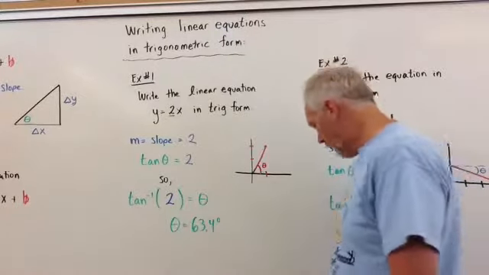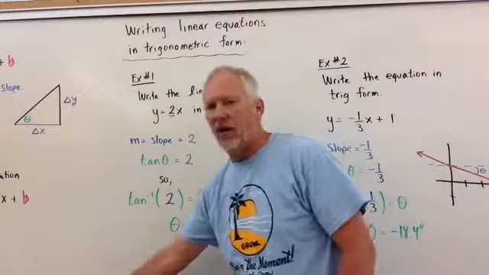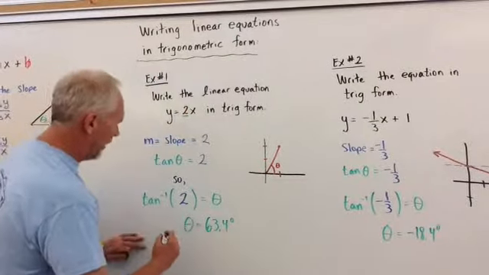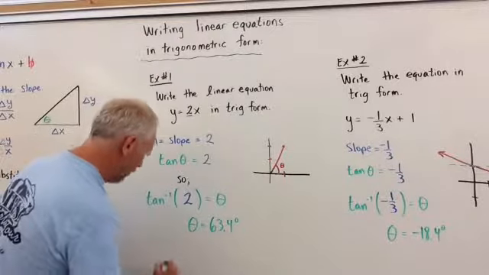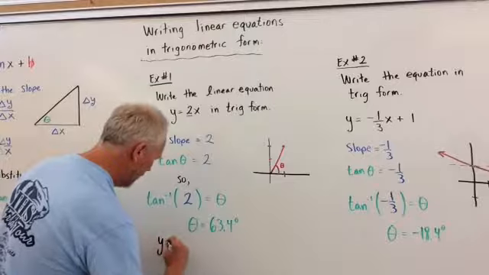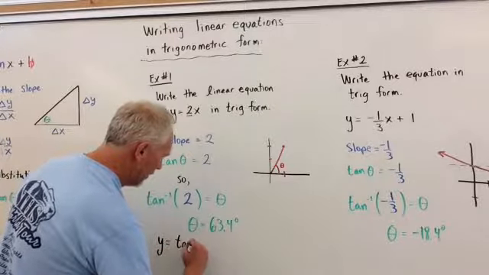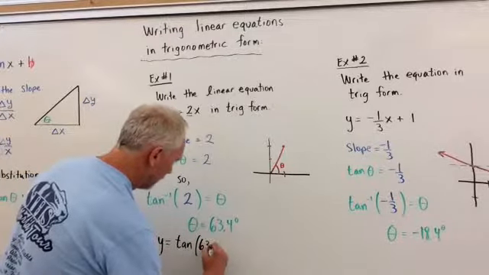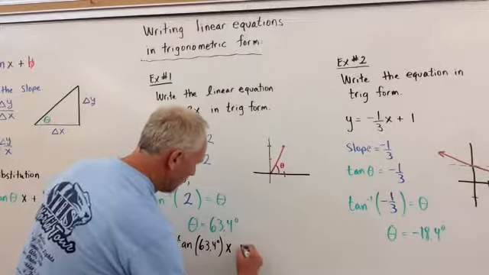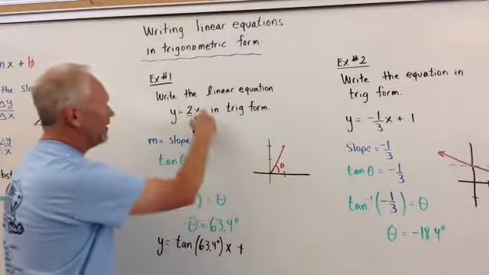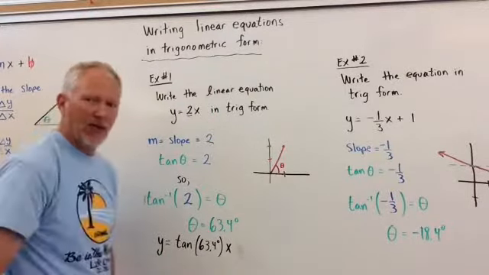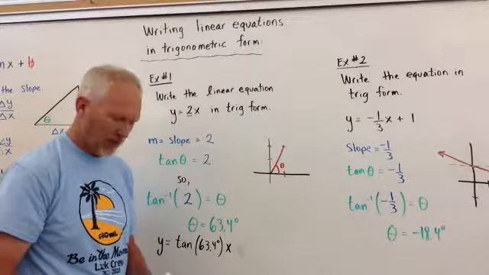So we can then conclude that our equation will be y equals tangent of 63.4 degrees x plus, well, in this case it's 0, so we don't need a y-intercept, so it's just tangent of 63.4 x.